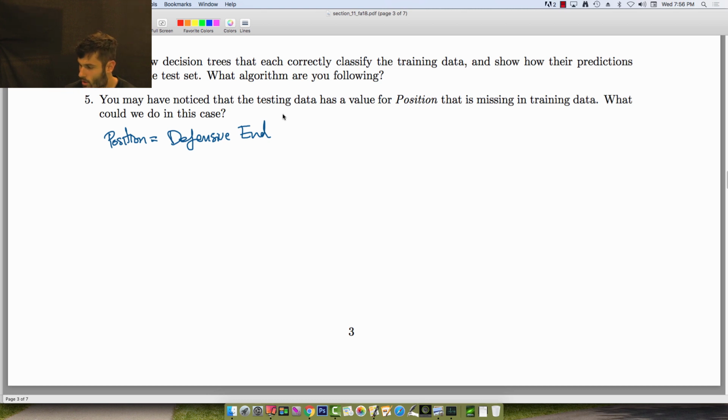So what you do in such a case is put this example into the branch that has more items, that is, the branch that is more likely.